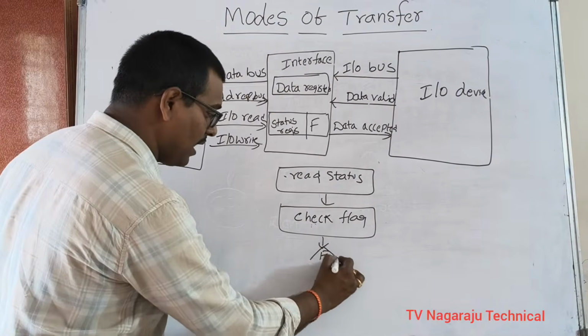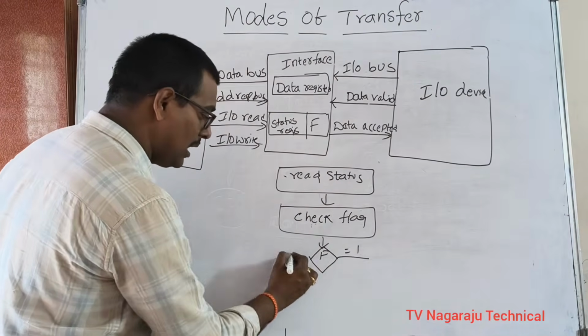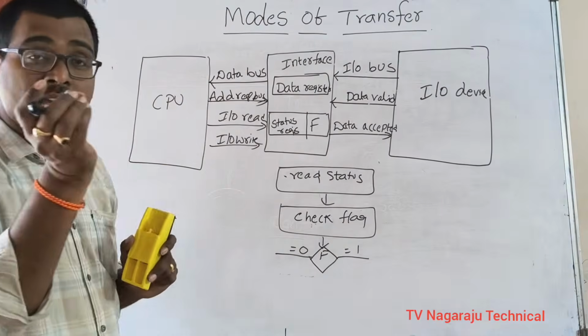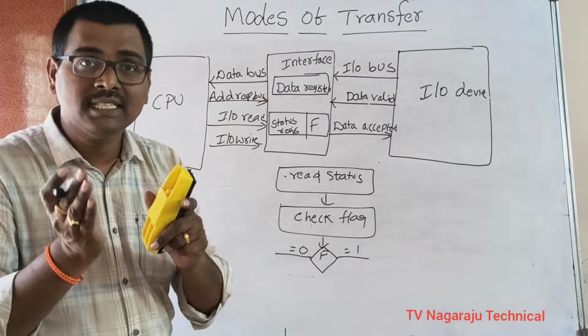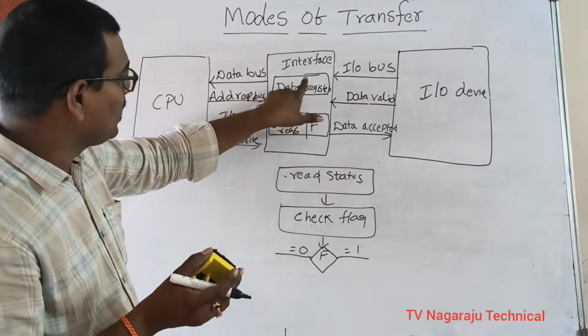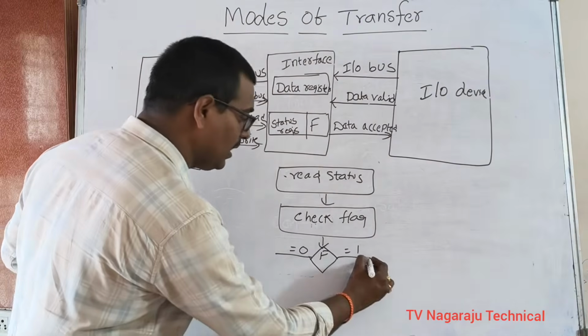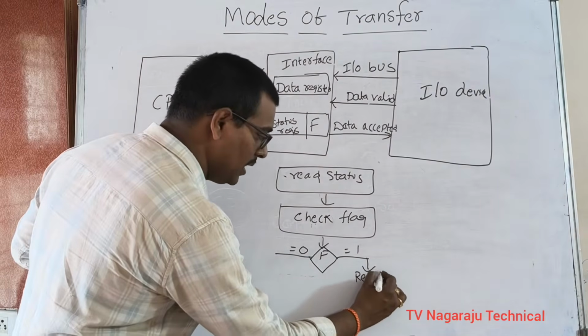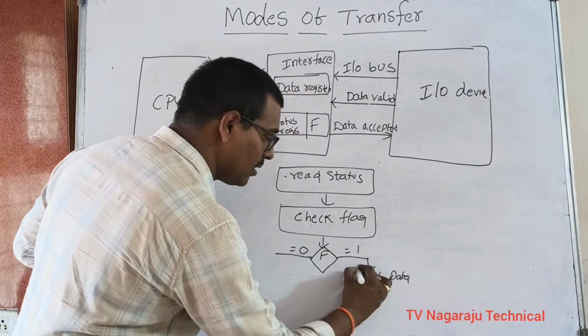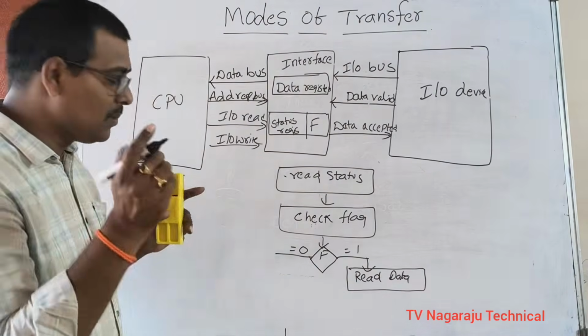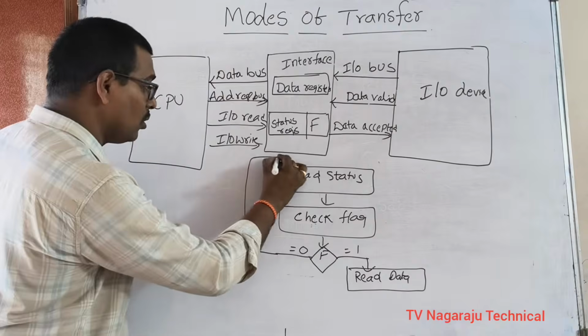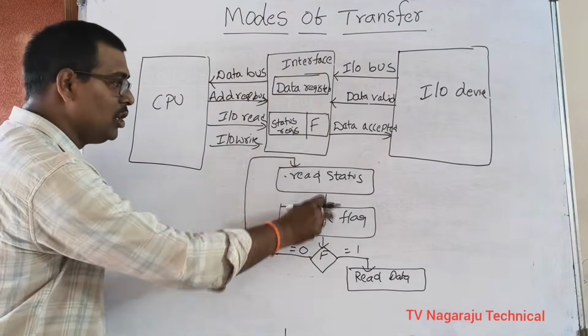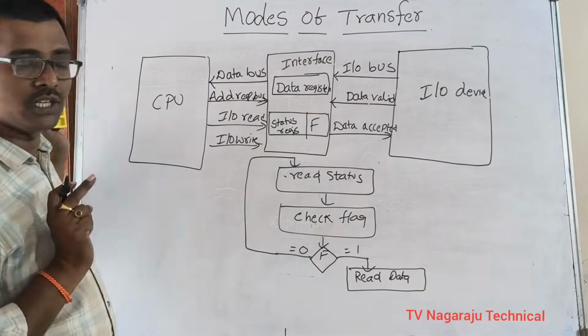Suppose the flag is equal to 1 or the flag is equal to 0. If the flag is equal to 1, what is the meaning? Flag equal to 1 means some data is available in the data register, so simply read the data from the data register. If the flag is equal to 0, the CPU continuously checks the status register.